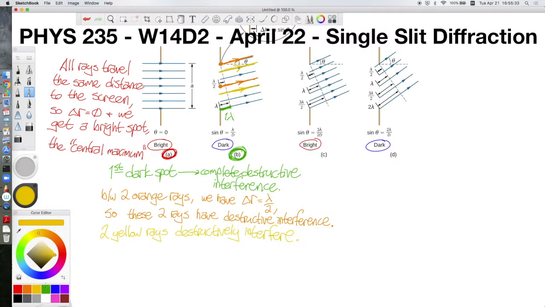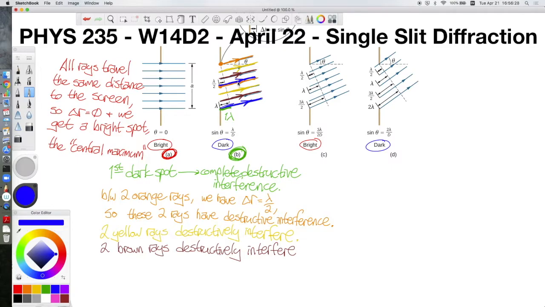And we can continue this process. I'm going to skip over green and just go straight to, we'll say, brown. So these two brown rays will also destructively interfere. And so on. If we want to get all the way to the very bottom of this image to see what matches up with this ray here, well, then we're right up against this original second orange ray.